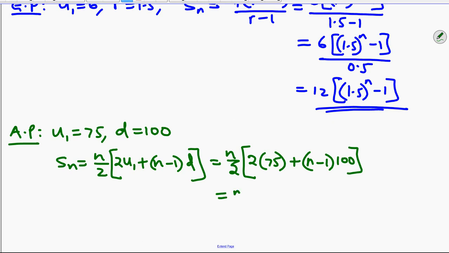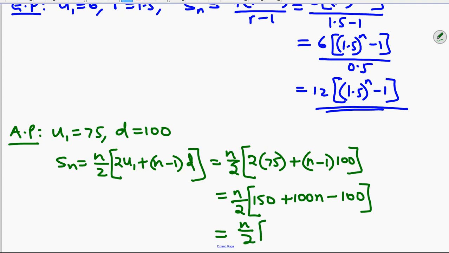This can be simplified as n over 2 into bracket 150 plus 100n minus 100, which is n over 2 into bracket 100n plus 50.